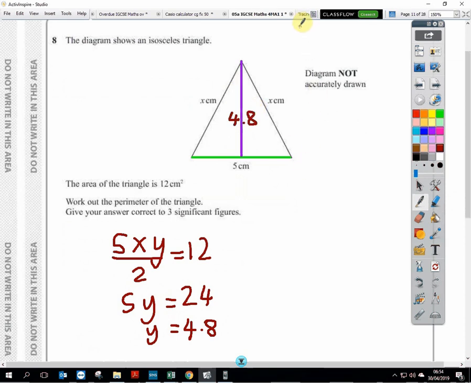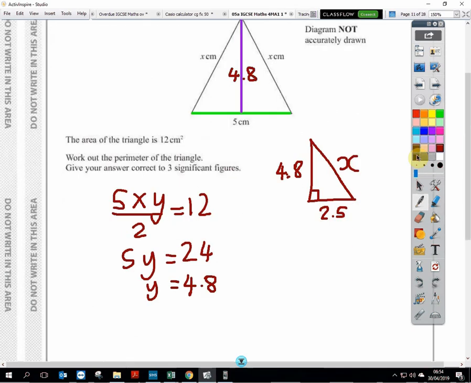What I can do now is work out x quite easily by extracting a right-angled triangle from the diagram. So the height of the right-angled triangle is 4.8, the base is 2.5, and I can work out x using the theorem of Pythagoras. So a squared plus b squared equals c squared.